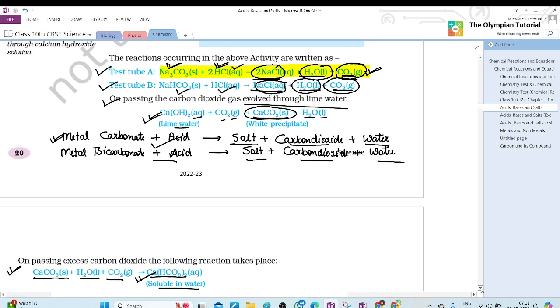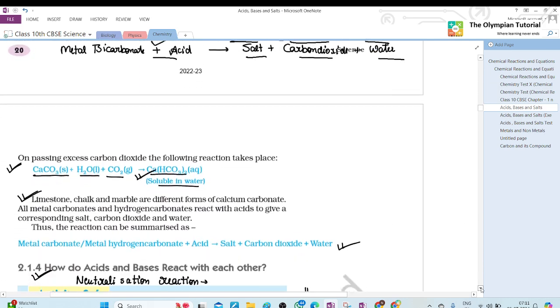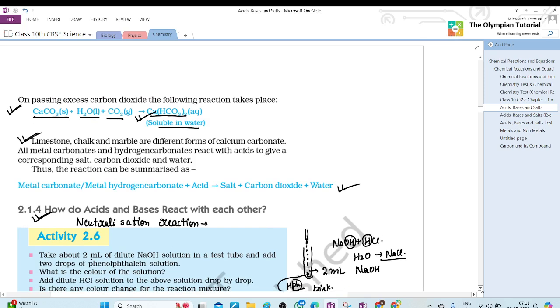Clear? Yes. When calcium carbonate again reacts with water and carbon dioxide, calcium bicarbonate is formed, which is soluble in water. That's why the milkiness diminishes. Limestone, chalk, marble are different forms of calcium carbonate.